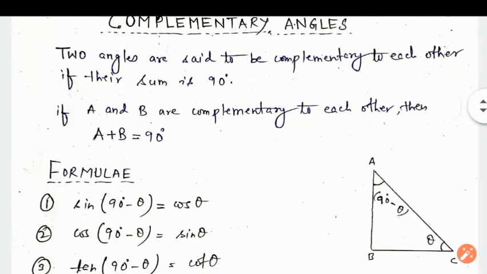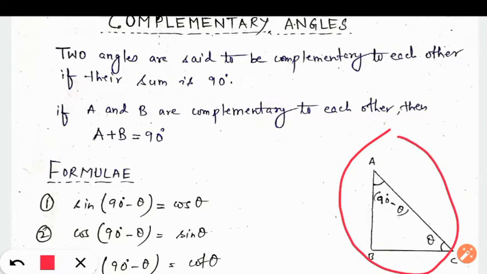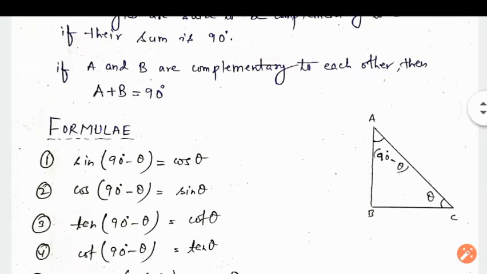In this right angle triangle ABC, angle A and angle C are complementary to each other, because by adding these two angles we get 90 degrees.